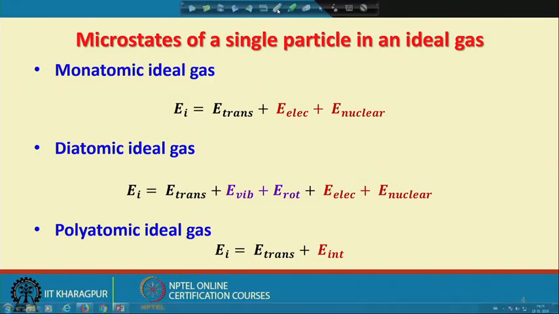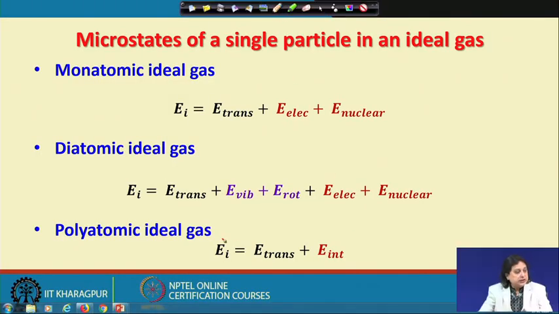In that case also it is possible to separate out the problem into two parts. So, the energy of each molecule will have one part which is the translational part, another part will have the internal structure part.